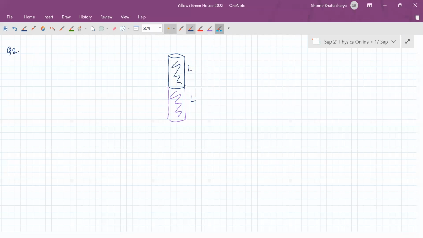Okay. Now this is made of material of density D1 and this is made of material of density D2, and the combination floats in a liquid of density D with a length L by 2 above the surface of the liquid.